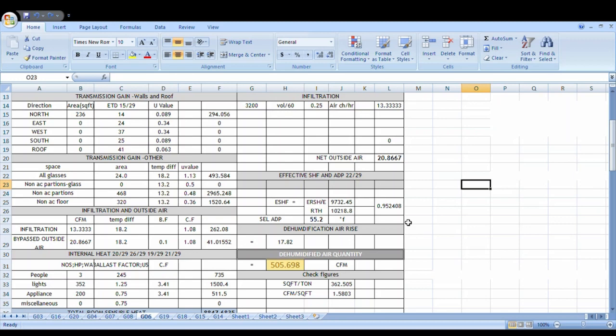Now we will do apparatus dew point, ADP, with the help of ESHF, effective sensible heat factor. We will get ADP. Here ESHF we got 0.95. So with the help of this value we will check in design book.